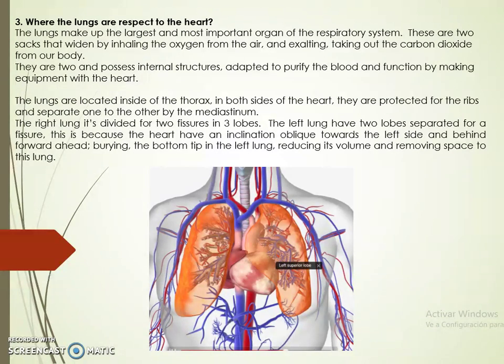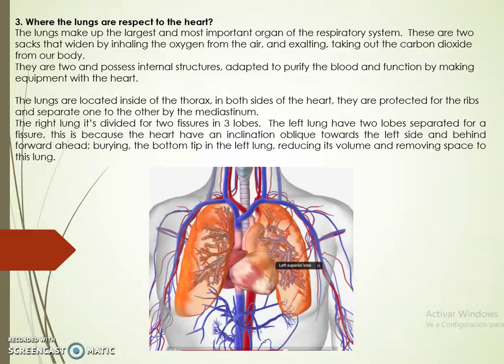Where are the lungs with respect to the heart? The lungs make up the largest and most important organ of the respiratory system. These are 2 sacs that widen by inhaling the oxygen from the air and exhaling, taking out the carbon dioxide from our body.